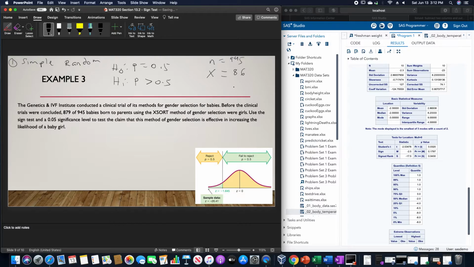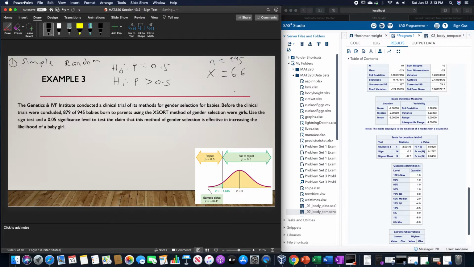Actually, this gave us a value of 66, not 86. I read the wrong number. It gave us a value of 66.